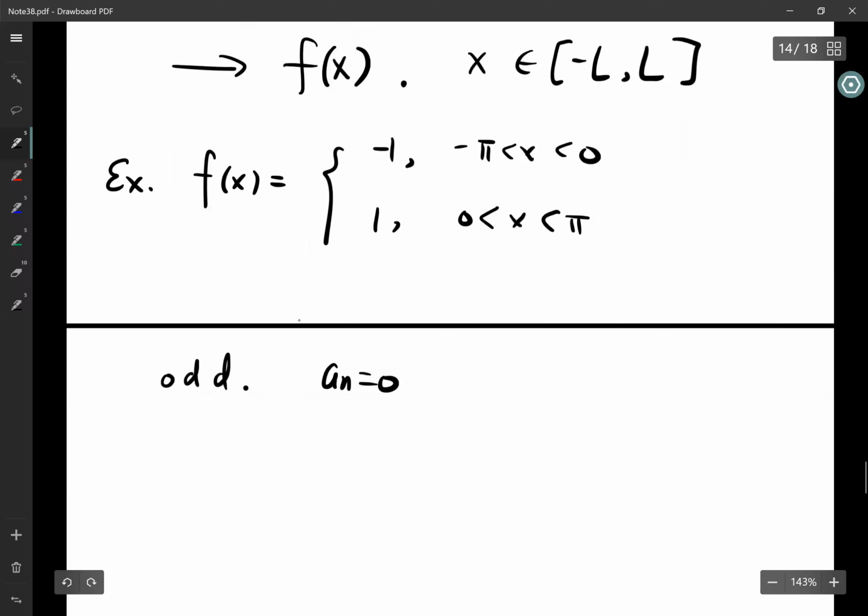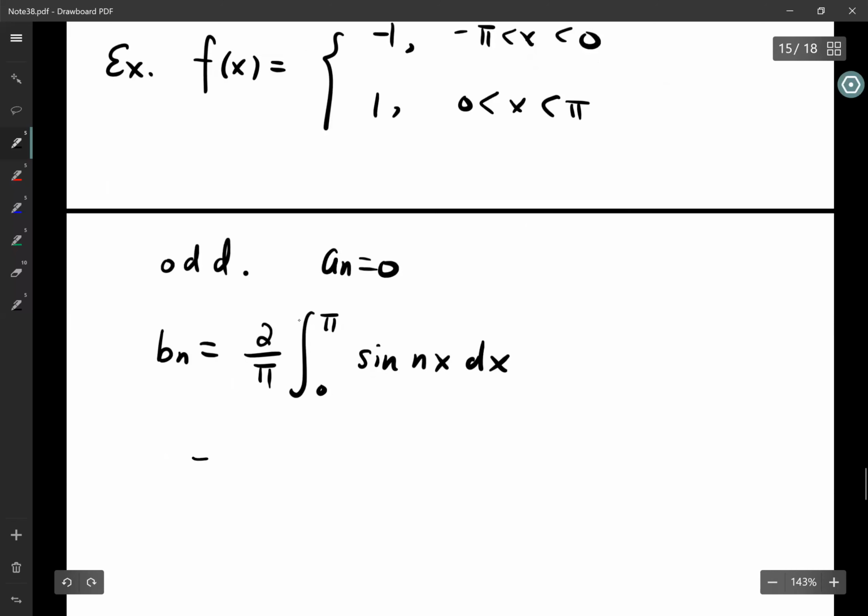Then I just need to evaluate b_n. It's a sine, so this is 2 over L, integral from 0 to pi, of 1 times sin(nx) dx, and this one you just do integration by parts. You'll find that this is 0 if n is even, and this is 4 over pi n if n is odd.